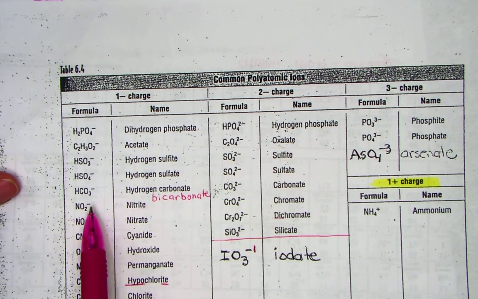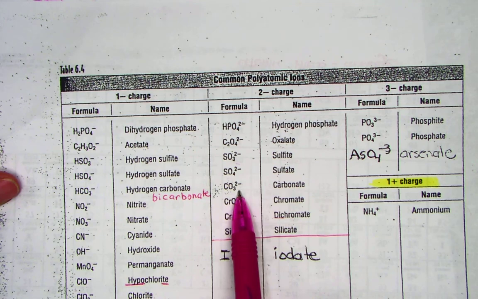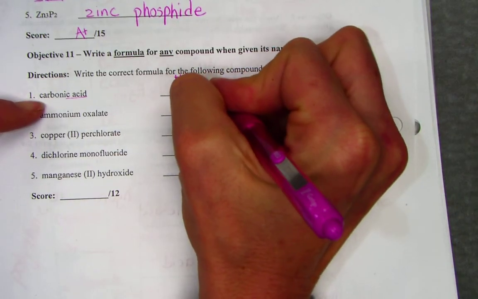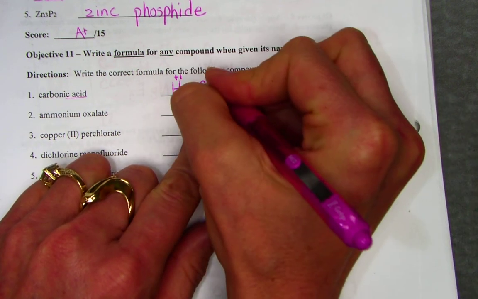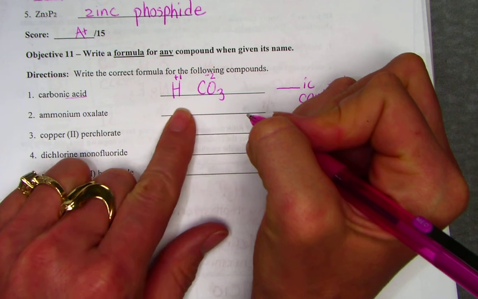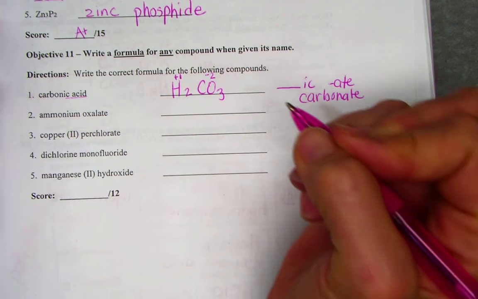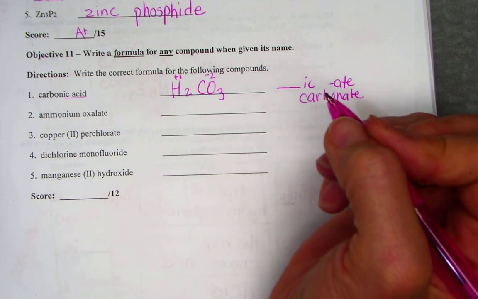Carbonate on our polyatomic chart, here it is, carbonate, CO3 -2. Carbonate is a polyatomic ion, a group of atoms acting as a unit carrying a charge, carrying a -2. H is a +1, carbonate a -2, better crisscross. H2CO3 is our formula for carbonic acid.